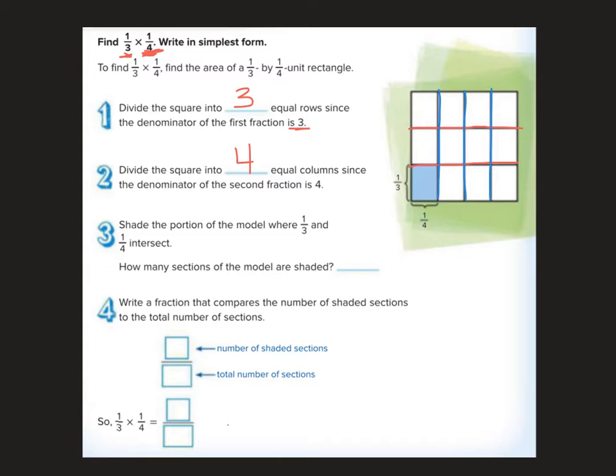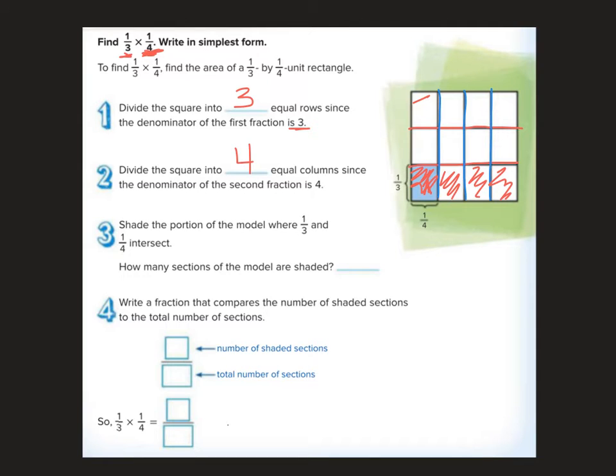There we go. Shade the portion of the model where 1/3 and 1/4 intersect. That would be this piece right here. Right? So if I shaded 1/3 of this whole thing, I would be shading this. 1/3.